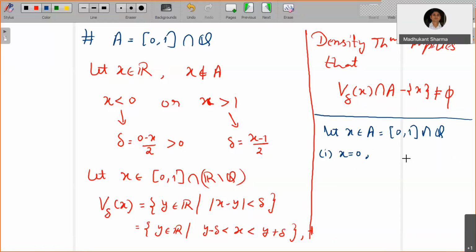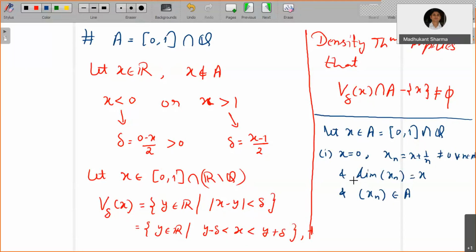Then you can create the sequence x_n equal to x plus 1/n, which is not equal to 0, and the limit of x_n is equal to x, and the sequence x_n belongs to the set.